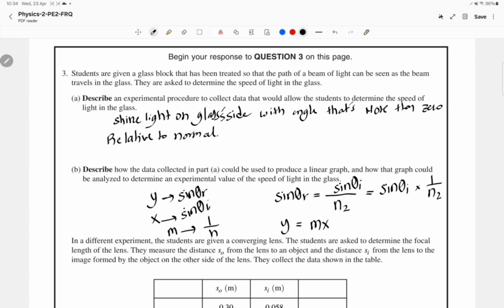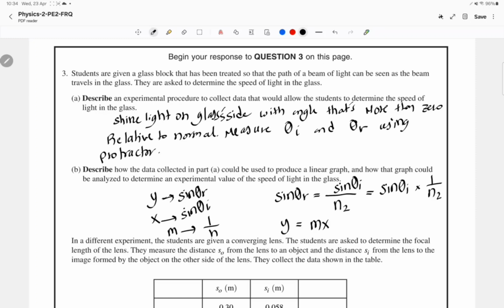And of course you're going to measure that angle. You're going to measure theta I, which is the incidence angle, and theta R, which is the refraction angle, using, what do we use for measuring angle in math classes? It's like that semicircle thing. It's called a protractor.